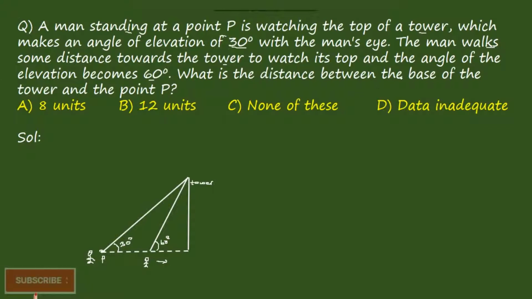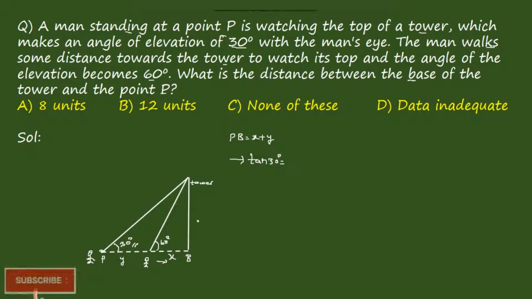Now, what is the distance between the base of the tower and the point P? If we consider the base of the tower as B, then we have to find the value of PB. If we consider this one as x and this as y, then PB is equal to x plus y. If you consider tan 30 degrees, tan 30 is perpendicular by base.